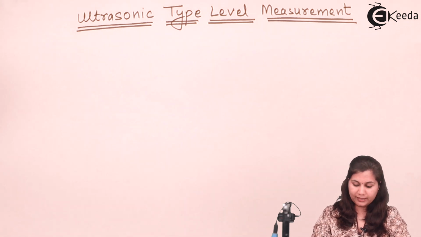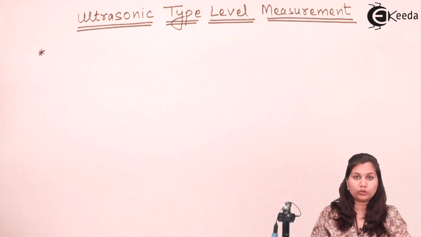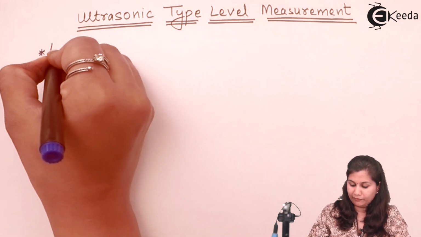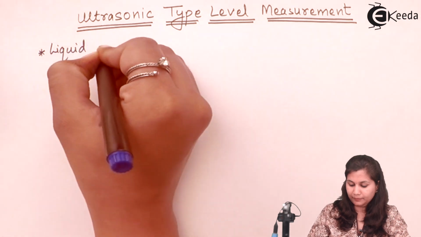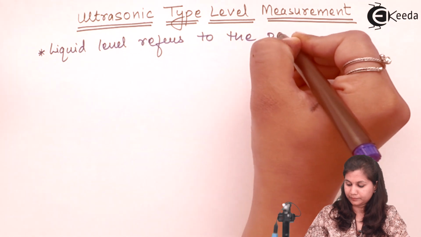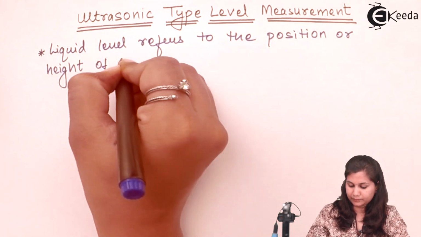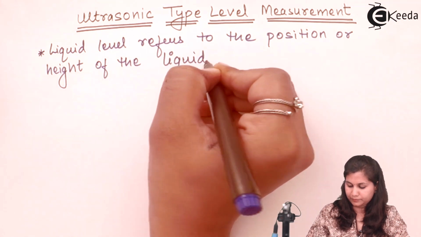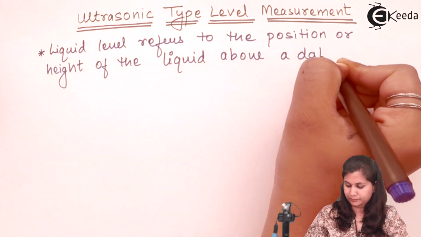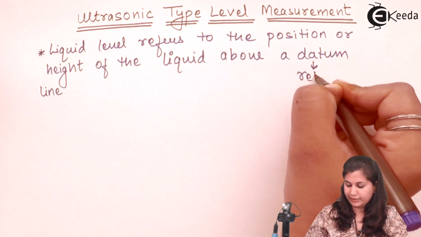Liquid level refers to the position or the height of the liquid above a datum line, or we can say the reference line.